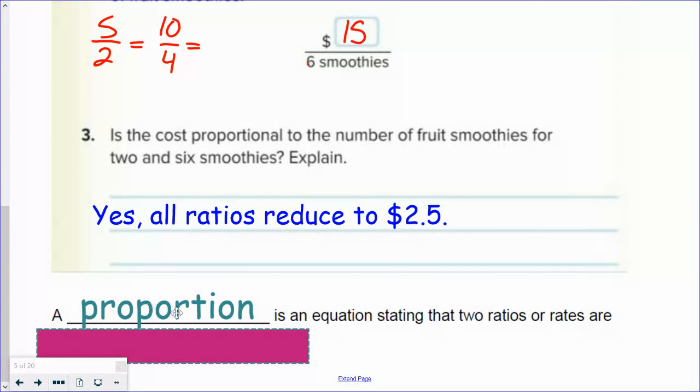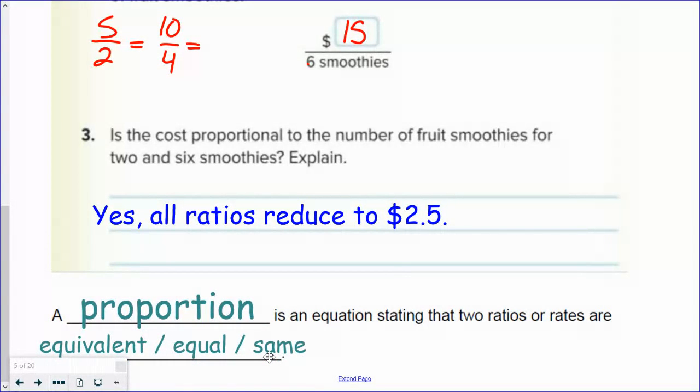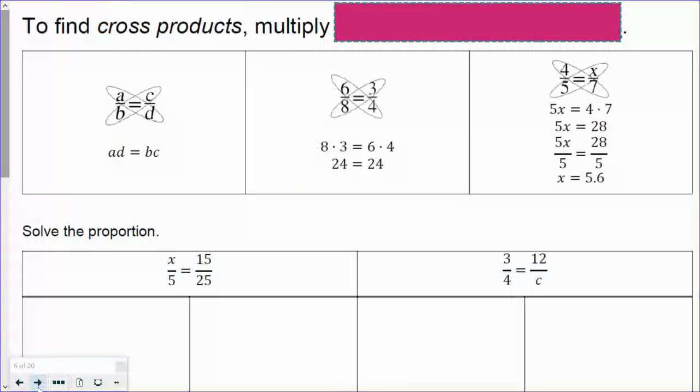Remember, a proportion is an equation stating that 2 ratios or rates are equivalent, equal, the same. All 3 words go together, equivalent being your more mathematical 7th grade level term. We're going to actually work with doing this.